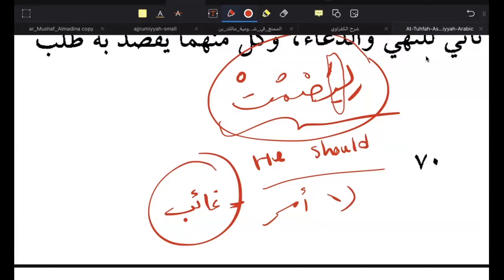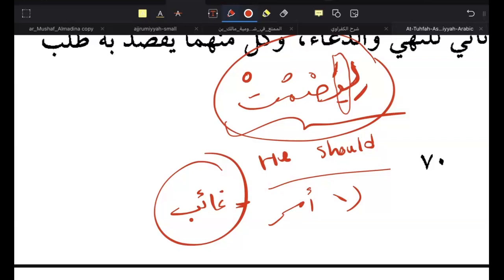How do we speak directly? You just use the command verb, right? Yes. We have a command verb for the second person. So why should we use the lamul amr? Doesn't make any sense. If we want to say something to someone who's right in front of us, as a second person, we just use the command verb if'al, idhab, uktub. So there's no need for us to use this lamul amr.